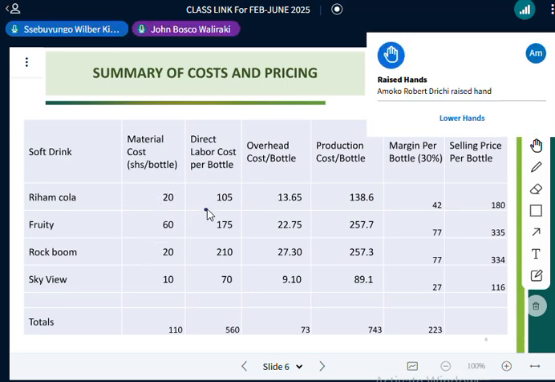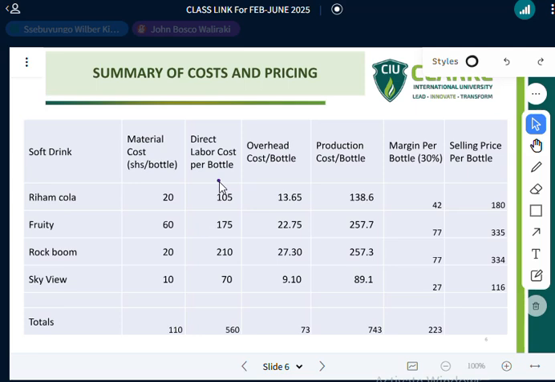Then direct labor cost per bottle, I've also pulled out for each category of the soft drinks. And then the overhead costs per bottle, I've also pulled them out here.